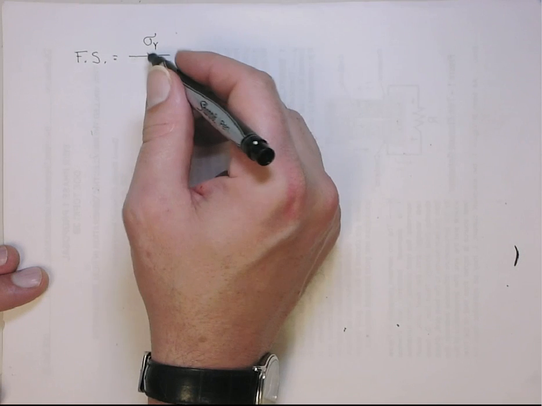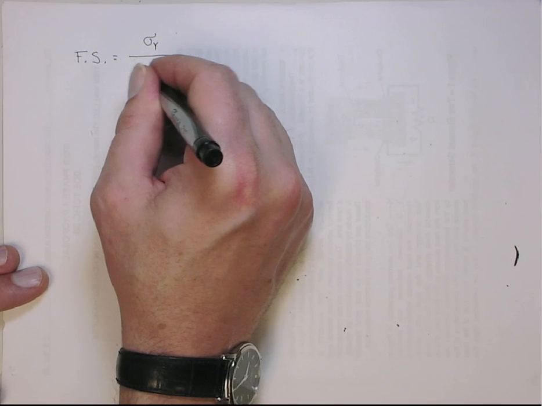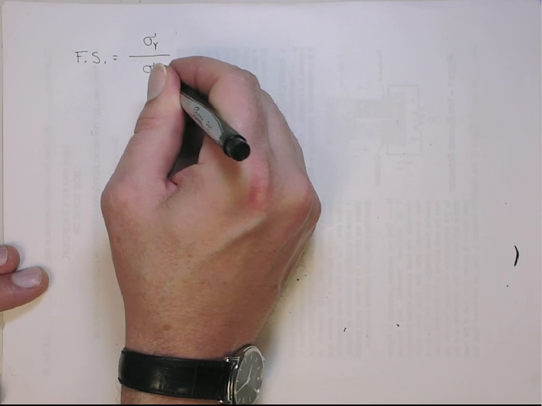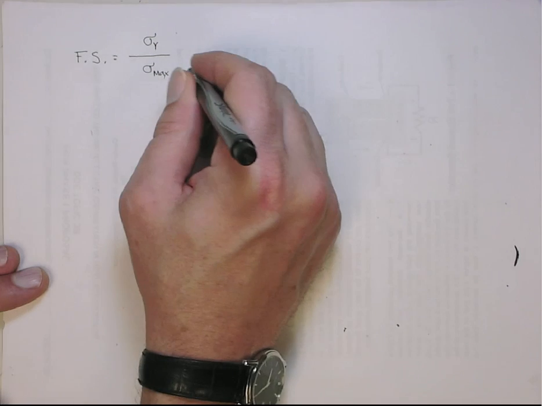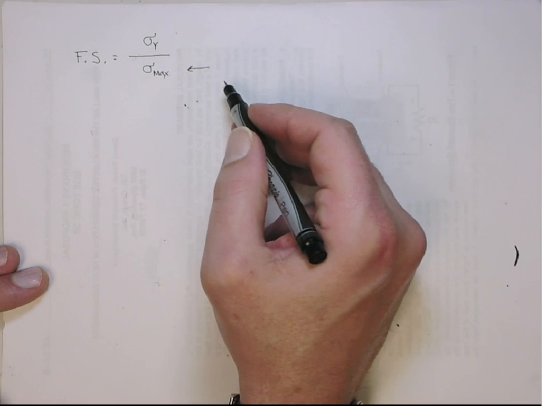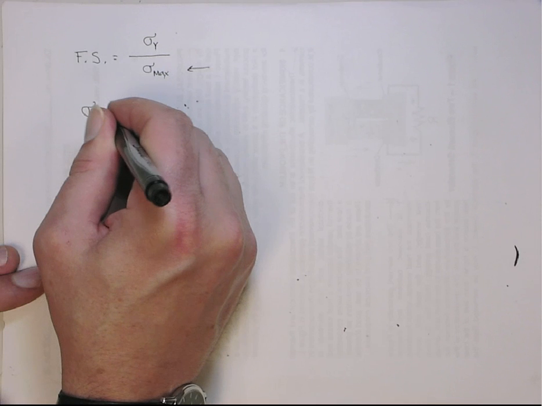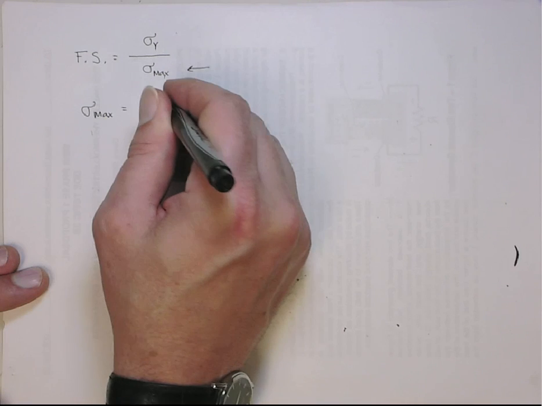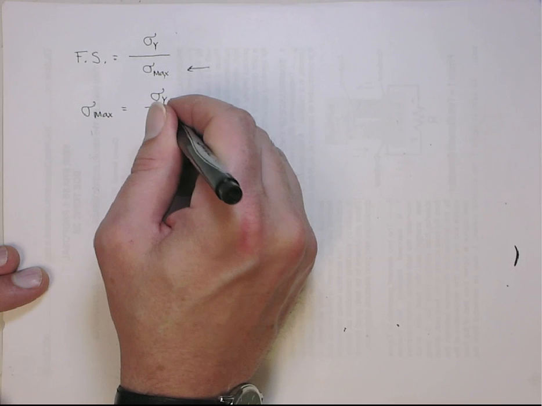Okay, but this is the yield stress we're designing to, over the maximum allowable. This is what you're calculating, okay? So this is actually the max stress that we can permit in our design. Equals the yield over the factor of safety.